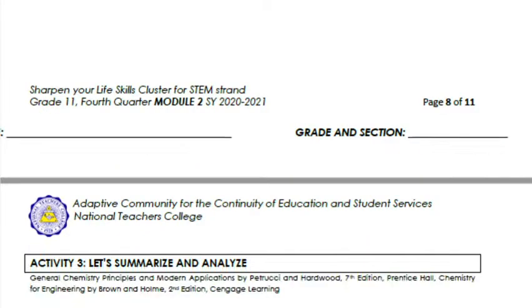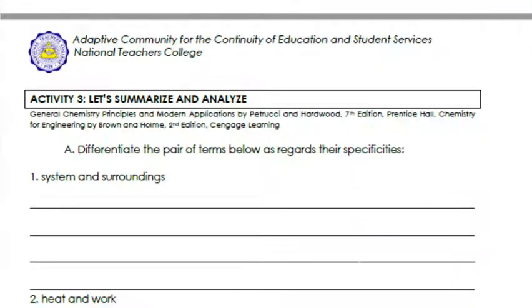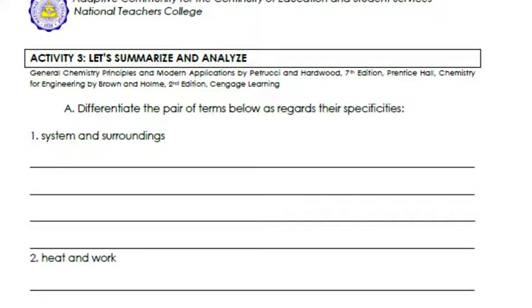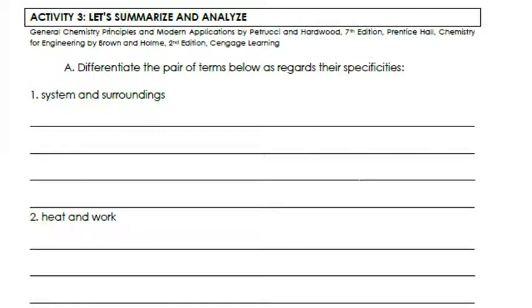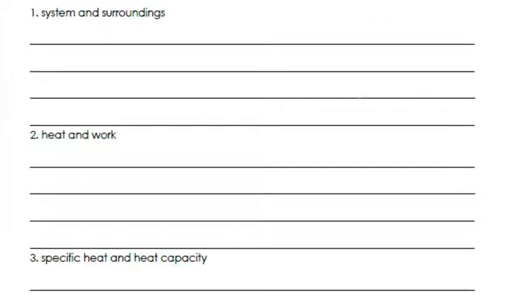And then activity 3 is somewhat a review, a summary of what we discussed in the past modules and in this module. So, what is the difference between a system and a surrounding, heat and work, specific heat and heat capacity, endothermic and exothermic.